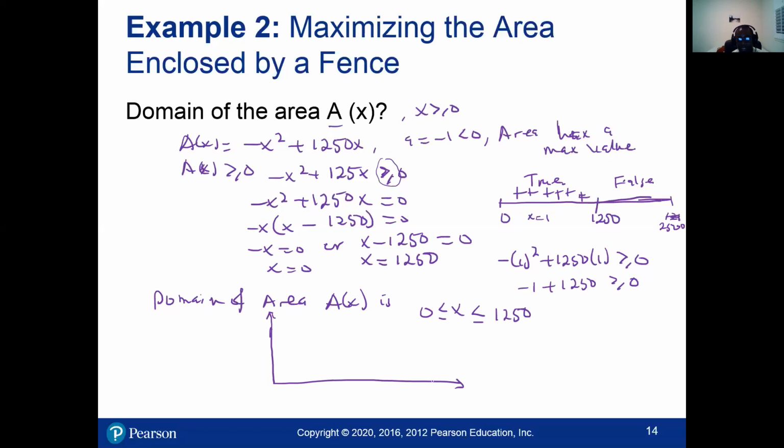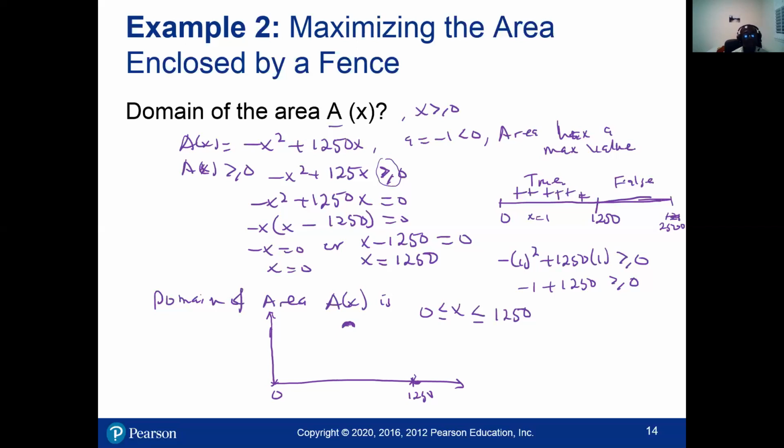If I put my 1250 here, this would definitely be my x-axis. That would be my intercept at 0. Then there is a value where we have a maximum, which we are here to find. To maximize this, we need to find that value. So the question is, what is that value? And then what is W, so that we can get the dimensions.